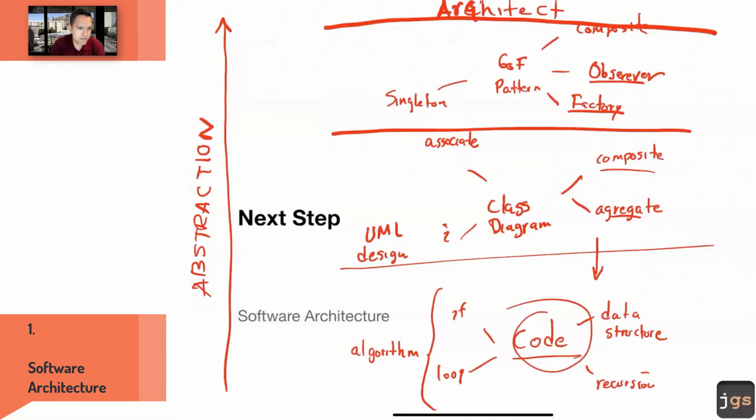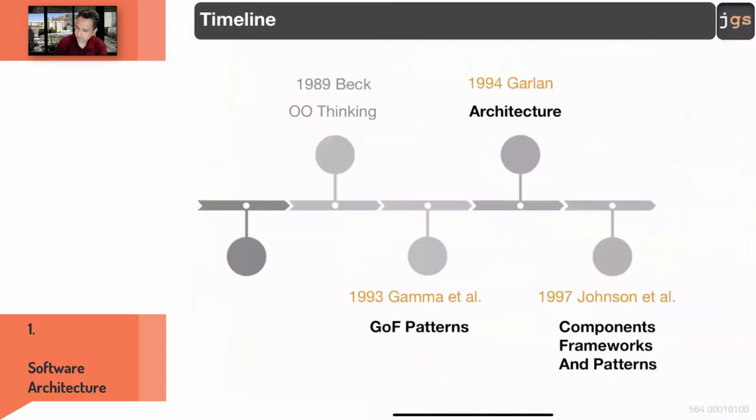One more level in abstraction: the things that we're going to review are above the GOF patterns. Why? One reason, timeline. We talk about this book, '93.